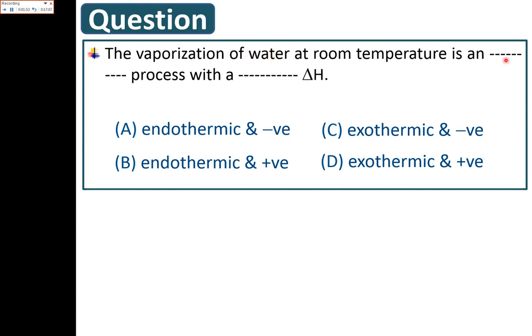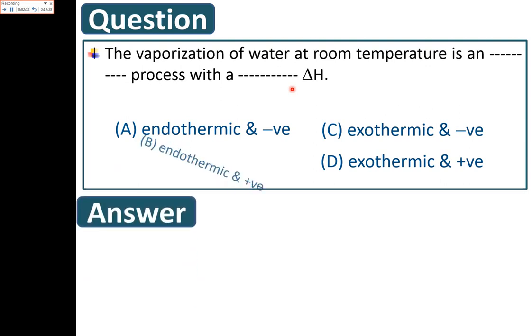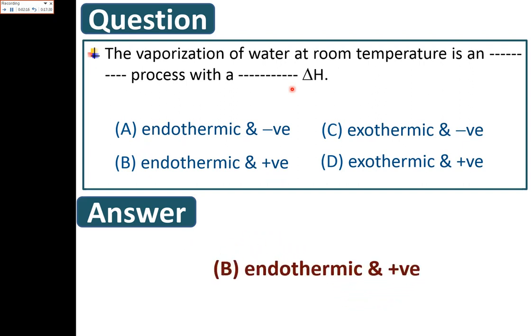So it is an endothermic process, and for every endothermic process, ΔH should be positive, because you are adding heat to the system, so the heat content will increase. So the answer should definitely be endothermic and positive. So B is the correct answer.